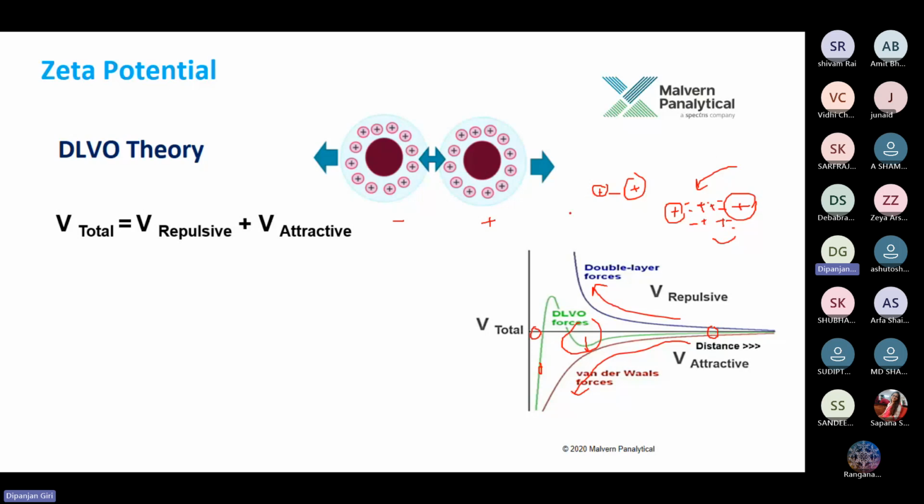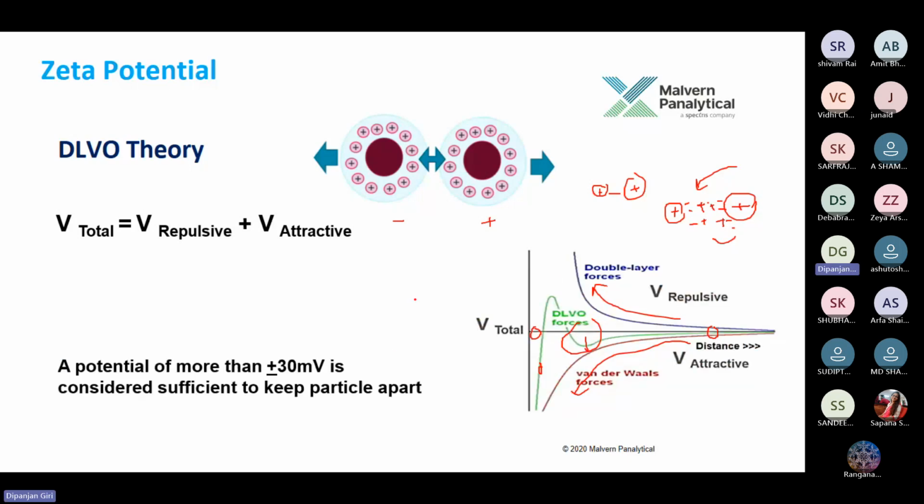So this graph basically shows the distance between the particles and the potential difference between them. Usually in an aqueous medium, a potential of more than plus or minus 30 millivolts is considered sufficient to keep the particles apart, so that they will not aggregate.